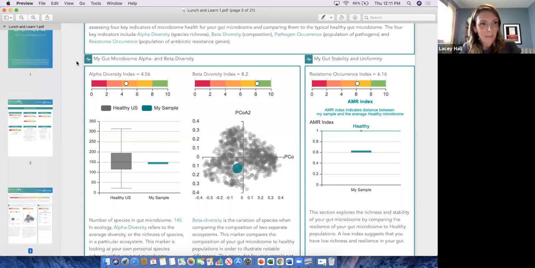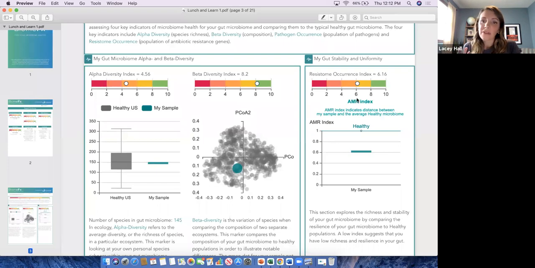Now, let me move the chat box. When we look at the resistome, this is looking at how resilient, how robust the gut is when it is encountering things like antibiotics and different things from our environment, our diet, that can disrupt the microbiota.